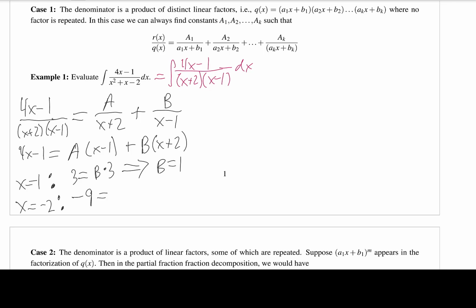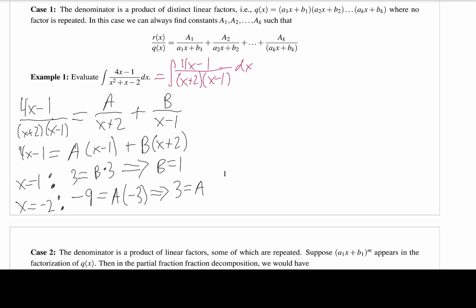So -9 is equal to A times (-2 - 1), so A times -3, which means that 3 is equal to A. And so now we've got our A and B values. That's one way of doing this. It's probably my favorite way, except that it's not always guaranteed to give you all of your constant values. So go ahead and take note of that.